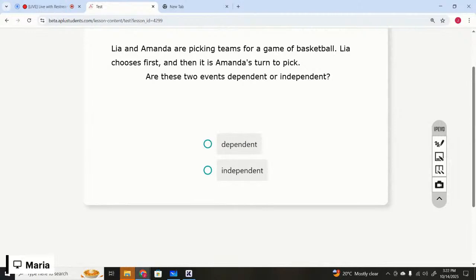Leah and Amanda are picking teams for a game of basketball. Leah chooses first and then it's Amanda's turn to pick. Are these two events dependent or independent?